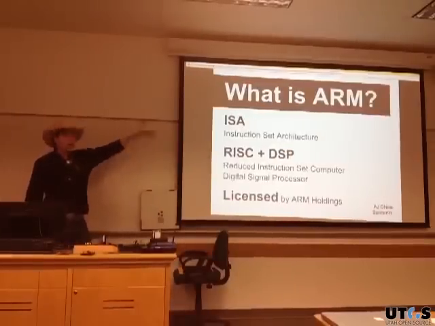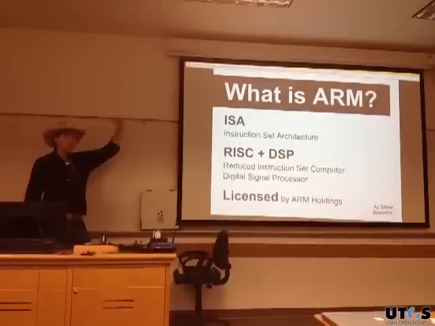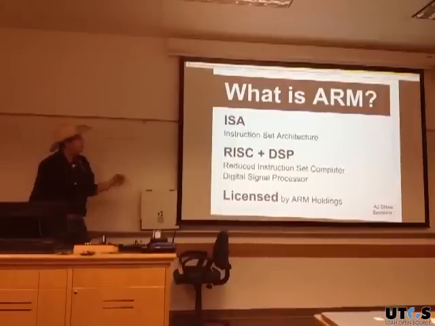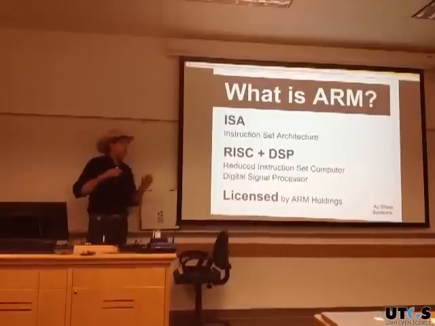So, does everybody know what this stuff means? All right, so instruction set architecture is like what the processor can do. Like it can multiply, it can divide, it can decode something. And then RISC means reduced instruction set computer. So I don't remember the particulars, but they just cut everything in half.